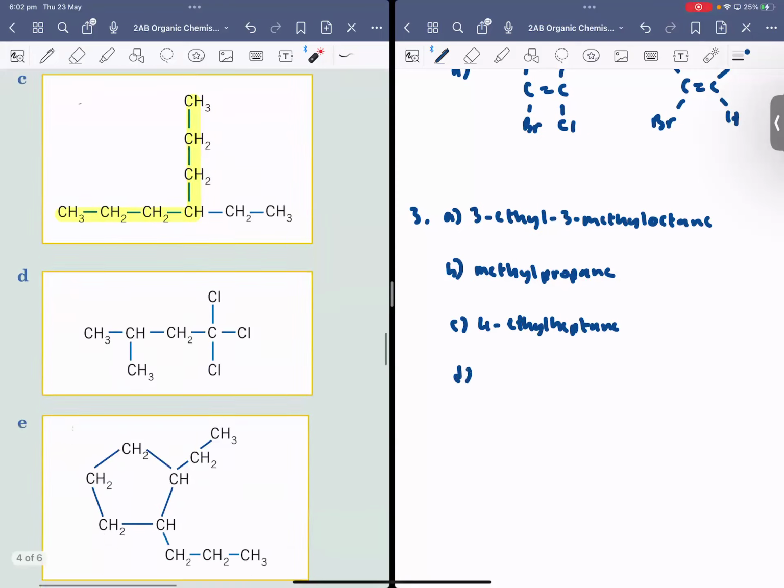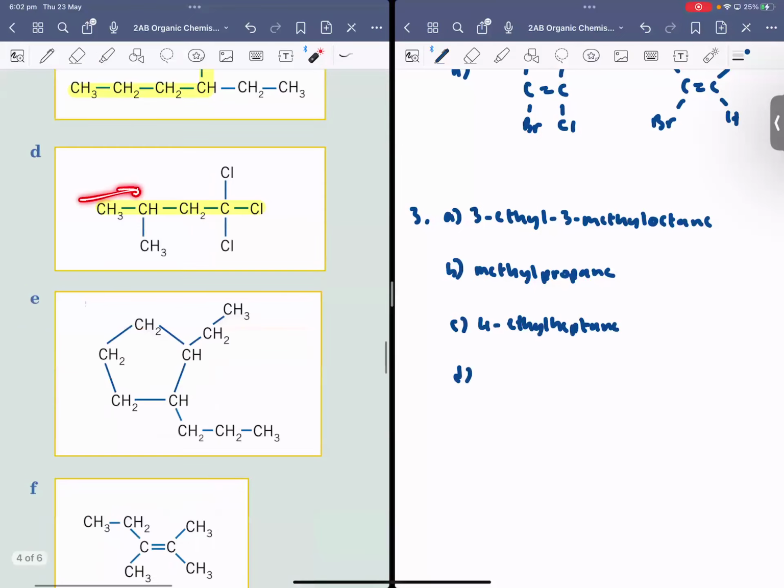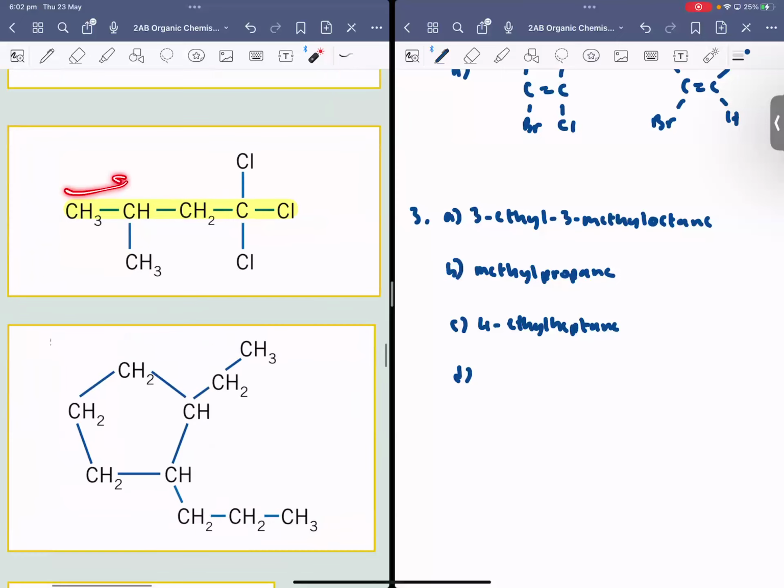D. That's the biggest chain. If I start counting this way, the numbers would have been 2, 3, 4, 4, 4.